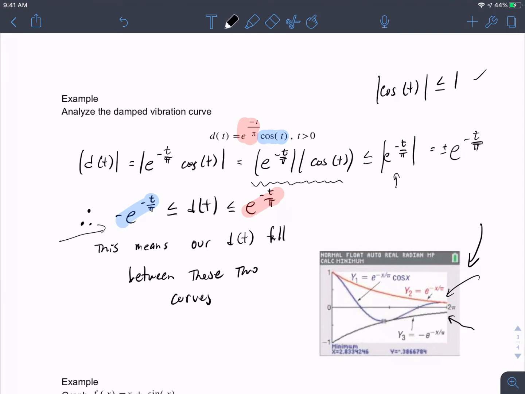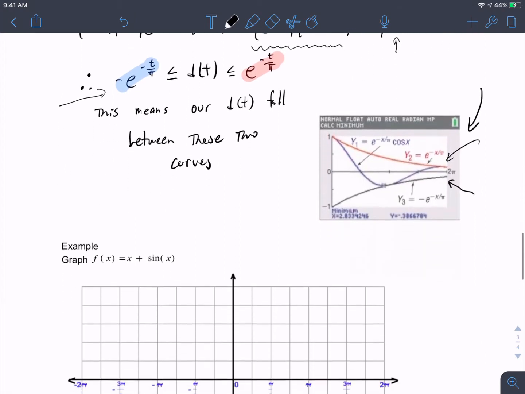I can see where this is a little bit tricky, but for both sine and cosine, this is going to be the trick. You're going to have to remember that cosine and sine are both restricted to be less than or equal to 1, because it oscillates to its greatest value of 1 and its lowest value of negative 1.